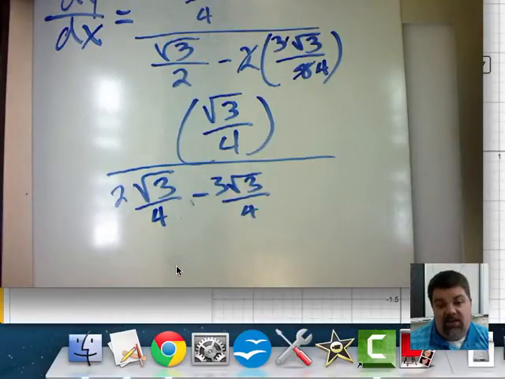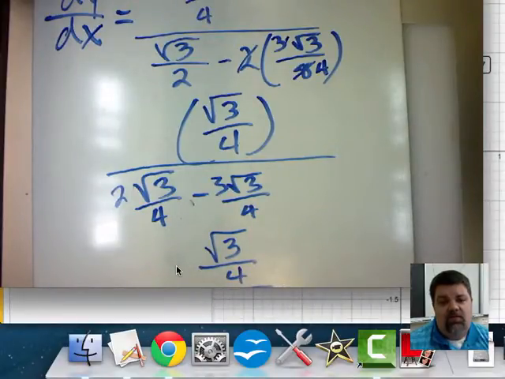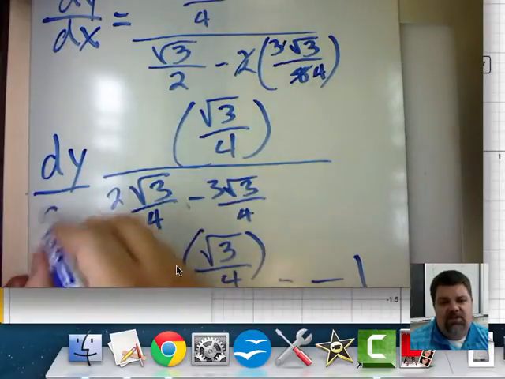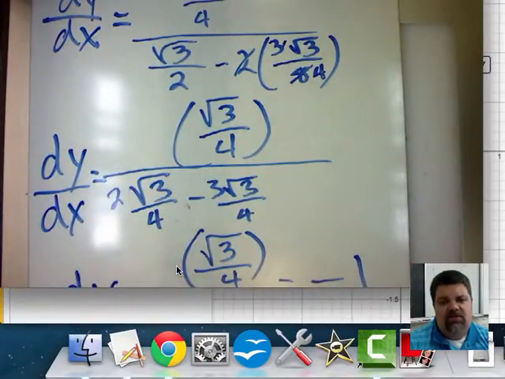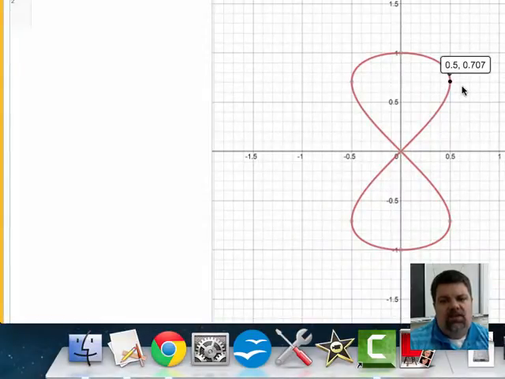Find the common denominator of 4, and then 2 minus 3 gives me a negative √3 over 4 on the bottom. So I have √3 over 4 over negative √3 over 4. Let me write all this stuff down. And if I slide this up here, you see that the slope was -1.